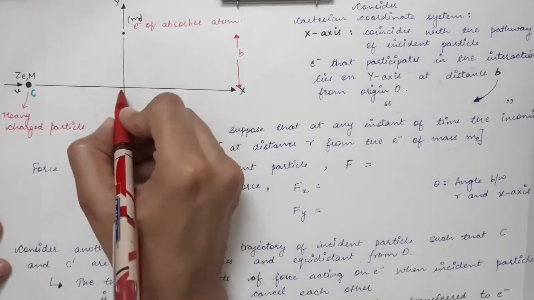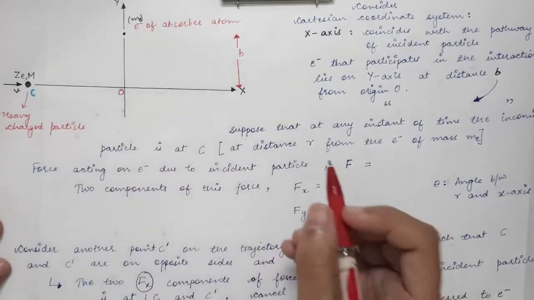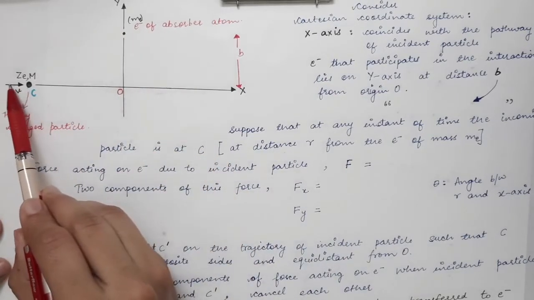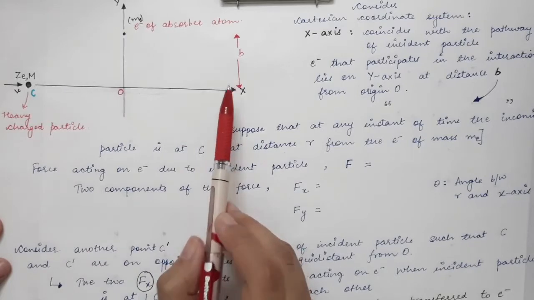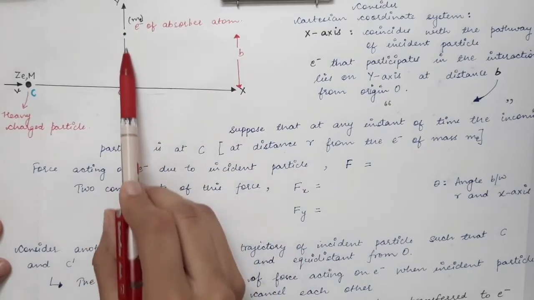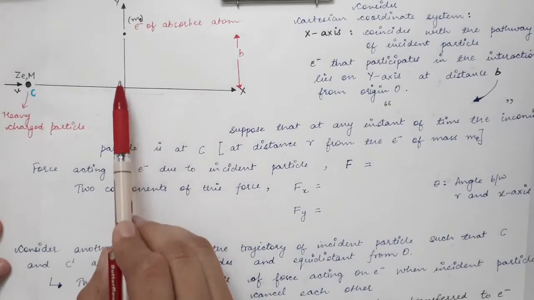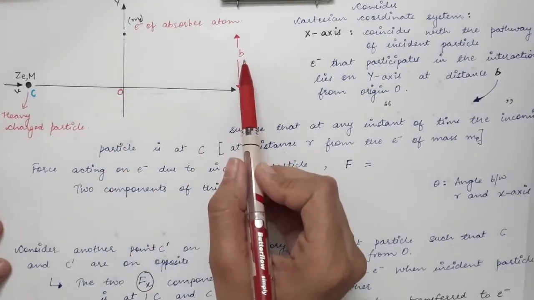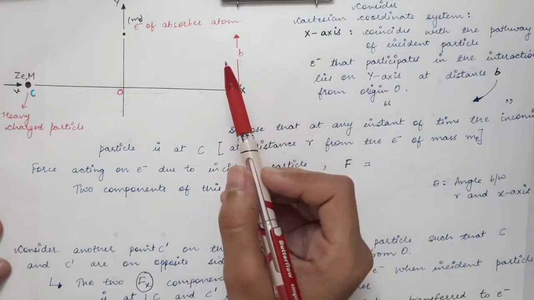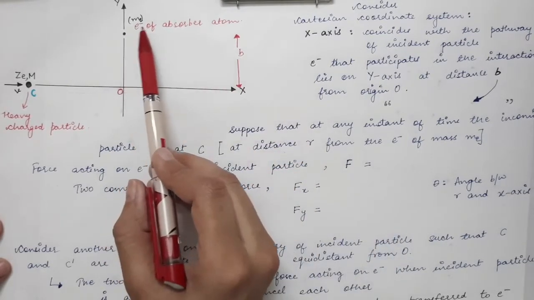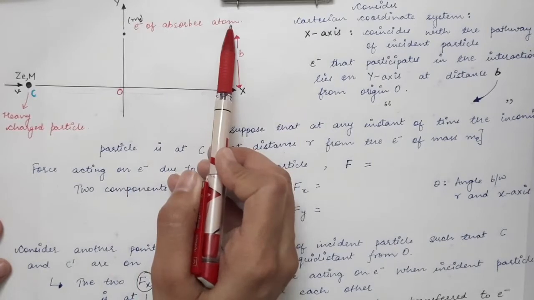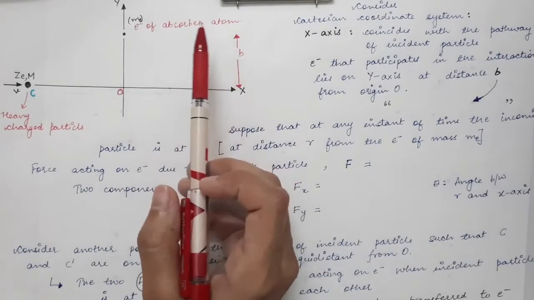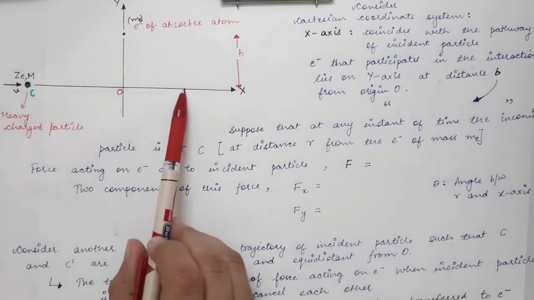This is the origin of the coordinate system, the electron is here, and the heavy charged particle is moving along this path. The minimum perpendicular distance between the heavy charged particle and the electron is equal to small b, and we call it the impact parameter. This is the electron of the absorber atom, the electron present inside the medium, and the heavy charged particle is entering the medium.